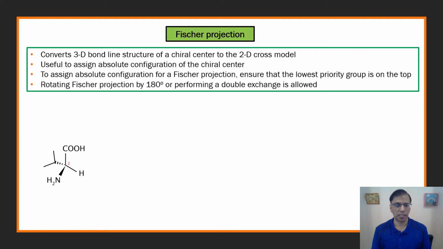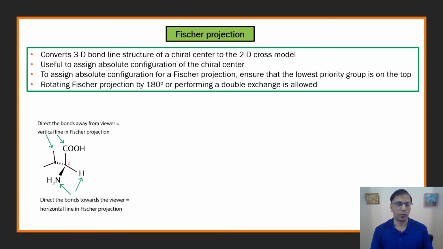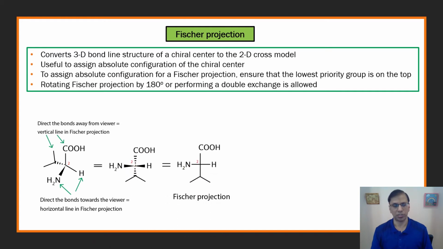Let's consider the example of valine. In this case, the carboxyl group and the isopropyl group are away from the viewer if you are looking from this way, and so these will become the vertical lines in a Fischer projection, whereas the hydrogen and the amino group are towards the viewer, and so these two groups will be the horizontal lines in the Fischer projection.